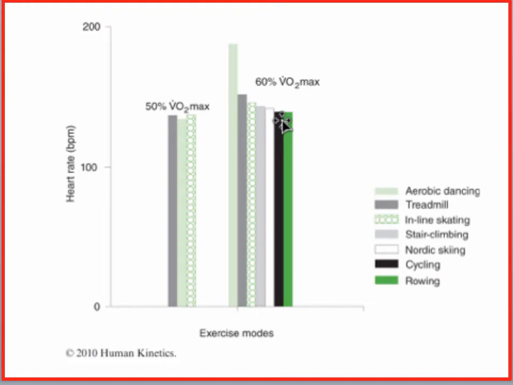But as long as you're exercising at a set percent of your VO2 max, you are able to improve cardiorespiratory fitness as long as the volume of exercise is controlled. So if you prefer to aerobic dance versus stair climb at a similar intensity, at a similar duration, a similar frequency, you're going to see similar improvements in cardiorespiratory fitness.